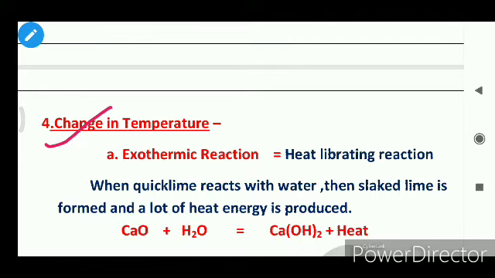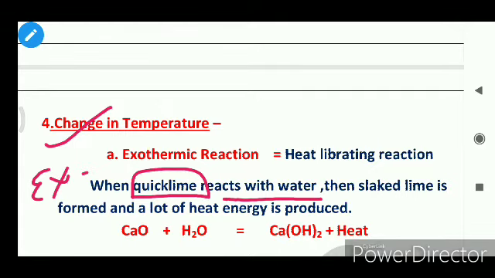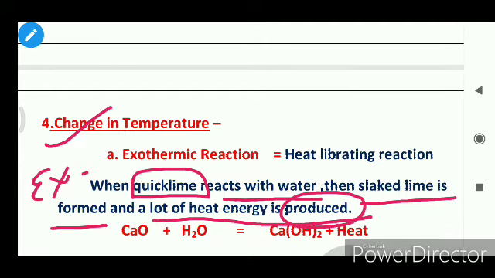For example, when quicklime reacts with water, slaked lime is formed and a lot of heat energy is produced. Heat energy is produced means that during the reaction the energy comes out, it is liberated.